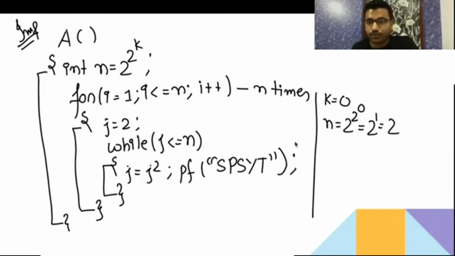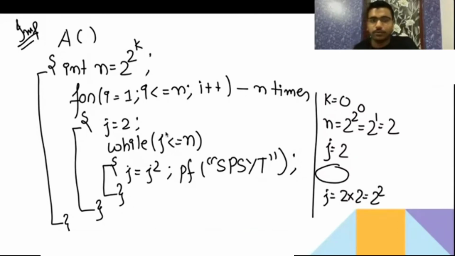Now it's j square, so it went 1 time, it has executed, then j is going to be the square of that, so it is 2 into 2, that is 2 to the power 2, which is greater, so it will not go, it will go out of that while loop.